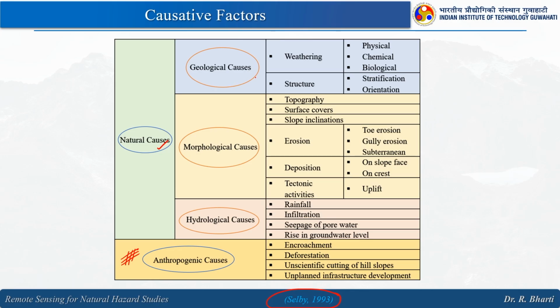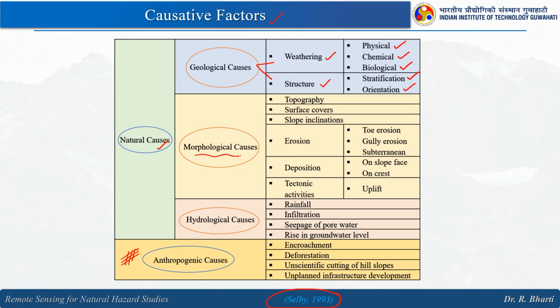When we talk about the geological causes, here you have weathering, then structure. So, these geological causes are divided into 2. Here you have weathering and the structure, and the weathering can be physical, chemical and biological weathering, and the structure, the stratification, orientation, that will also cause these landslides.